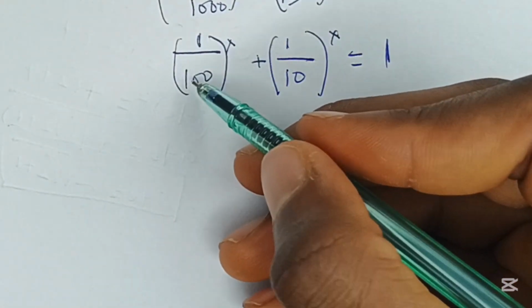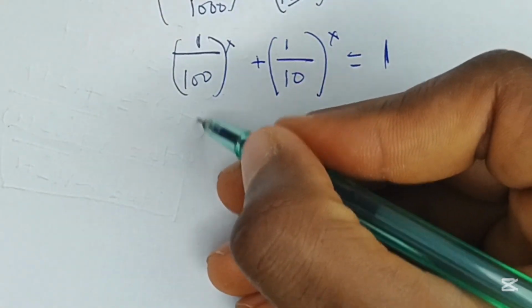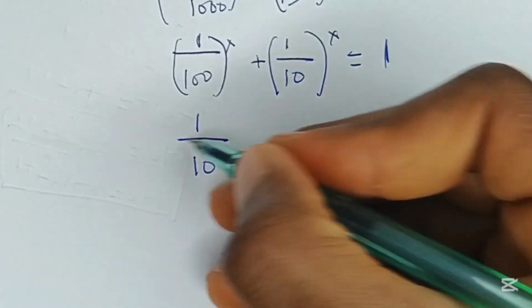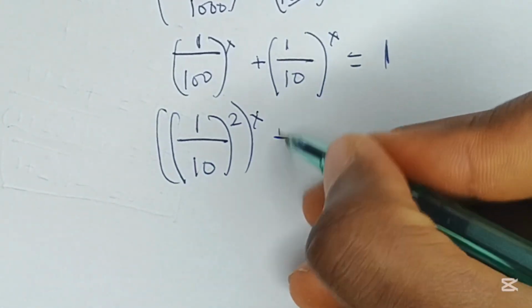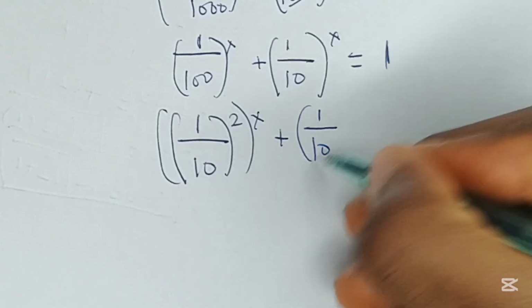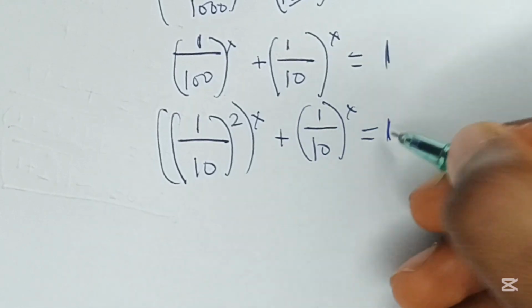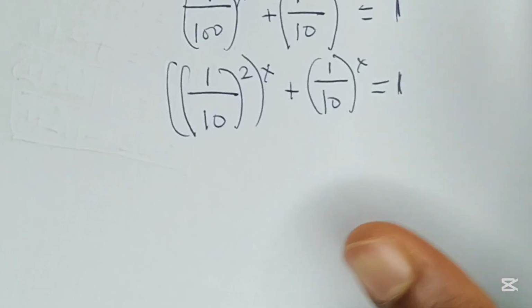Alright? Now, 1 over 100 raised to the power x can be written as 1 over 10 raised to the power 2, all raised to the power of x, plus 1 over 10 raised to the power of x, to be equal to 1. Alright?